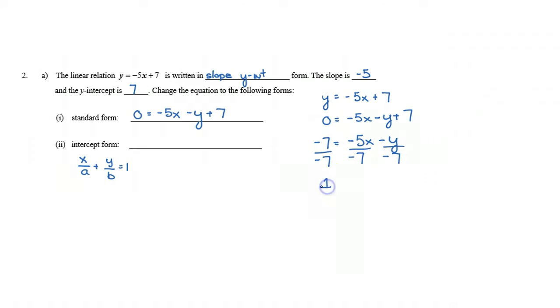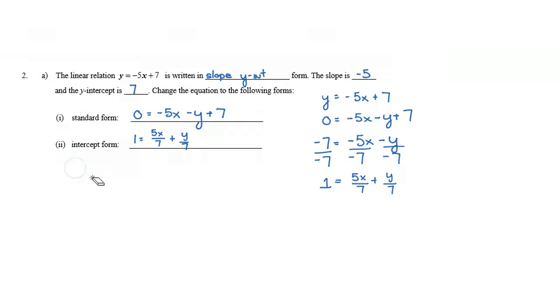So we end up with 1 is equal to 5x over 7, and then minus and minus becomes a plus y over 7. You can pretty quickly tell, and actually this is acceptable as intercept form, 1 is equal to 5x over 7 plus y over 7.